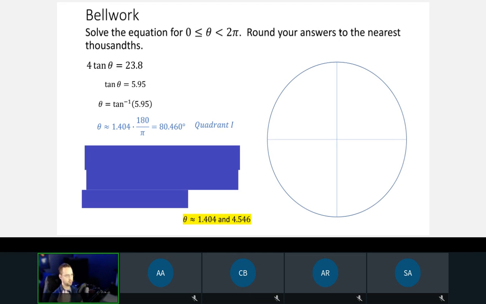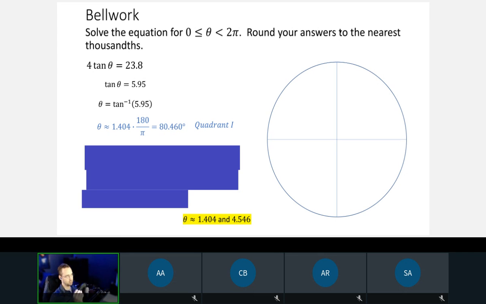Converting it to degrees just so we can understand where it is. Seeing 1.404 and looking at your unit circle that doesn't necessarily have things labeled as decimals, like 0 to pi, which would be halfway, pi over 2, which is 0.5 pi, it's not easy to look at.